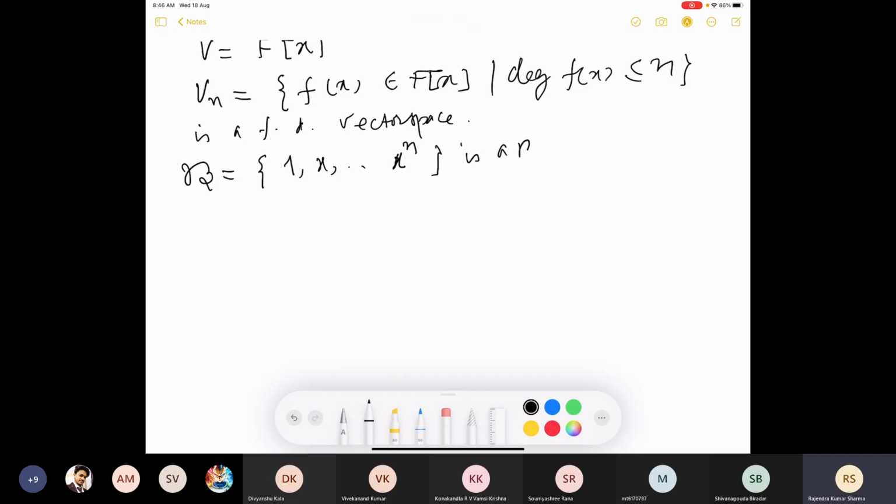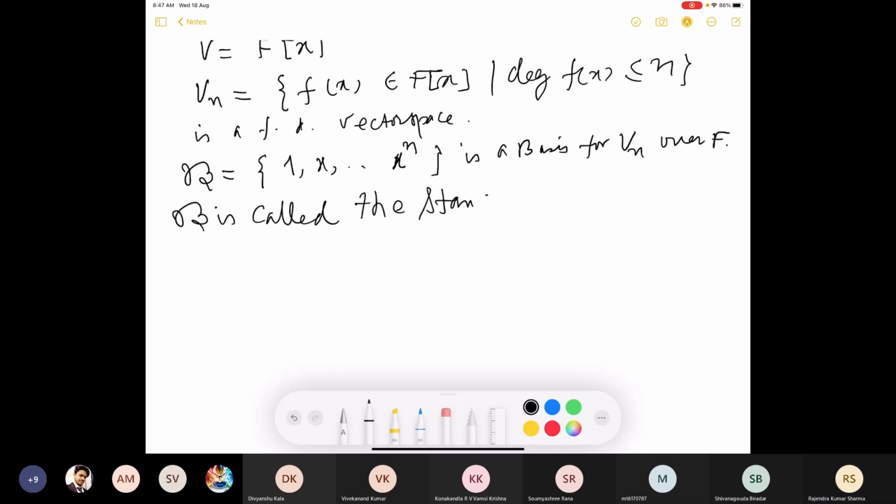This B is a basis for Vn over F, and B is called the standard basis for Vn over F.